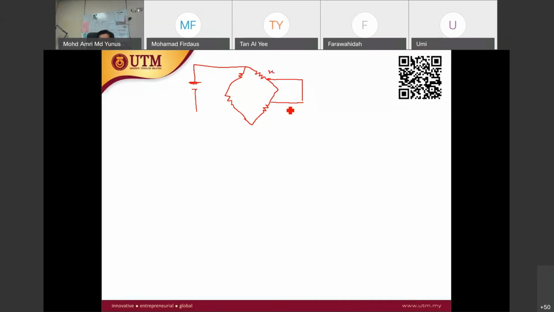This is X, Y, Z. This is R3, R2, and R1. That's the galvanometer.